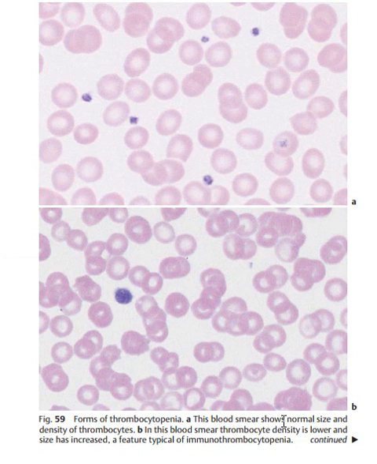In A, the blood smear shows normal size and density of the thrombocytes. In diagram B, the thrombocyte density is lower and the size has increased, a feature typical of immunothrombocytopenia. So compared to diagram A, the density of the thrombocytes is lower.